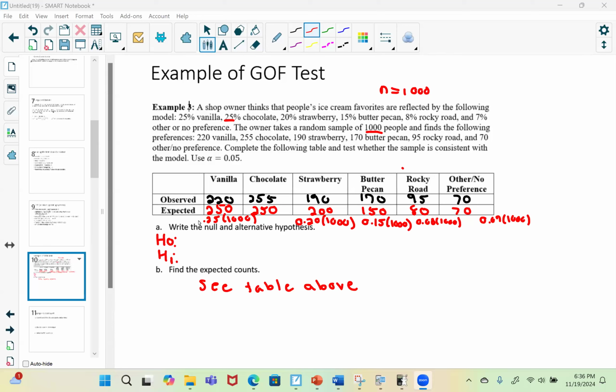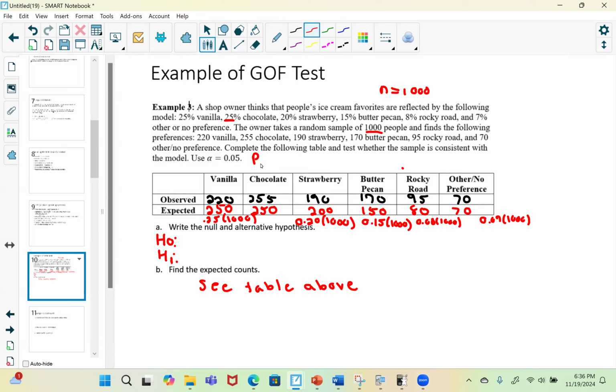And then the expected is how many we expect to get based on the percentages. And they, again, always have to be counts, not percentages. So we take the percentage as a decimal and we multiply it by the sample size to get each of the expected values.